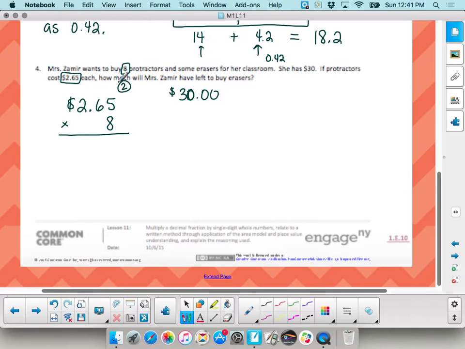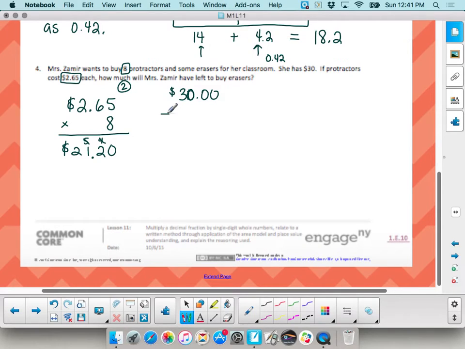Now let's use the standard algorithm. 8 times 5 is 40. 6 times 8, 48, plus 4, 52. 2 times 8 is 16, plus 5, 21. 2 digits to the right of the decimal, so 1, 2, place my decimal. So the 8 protractors will cost $21.20.